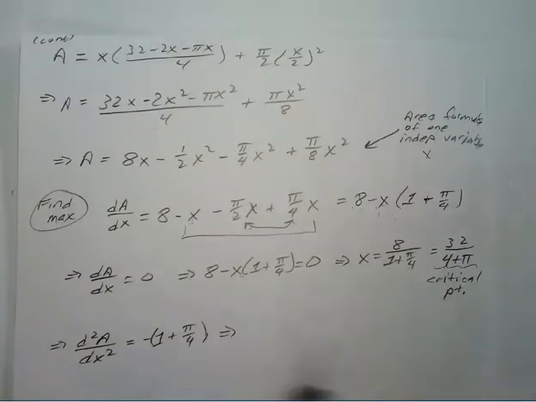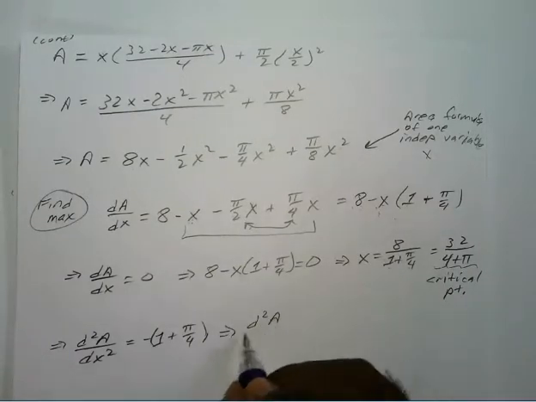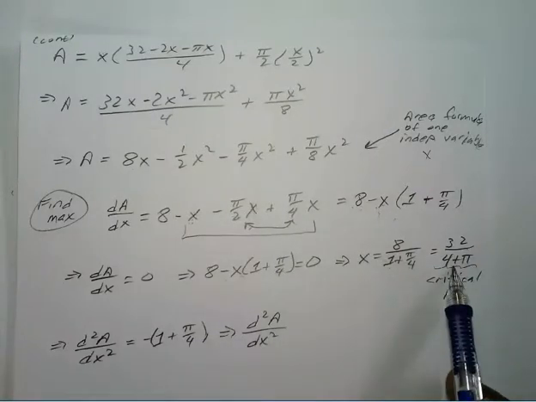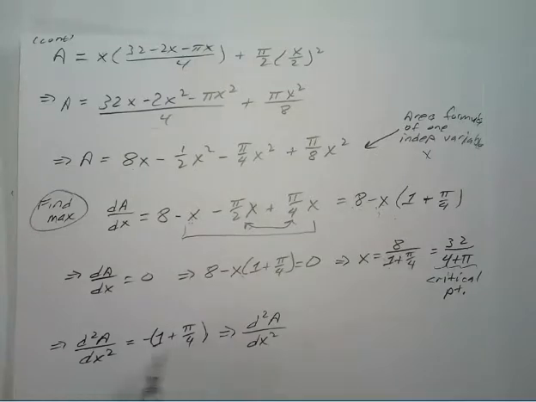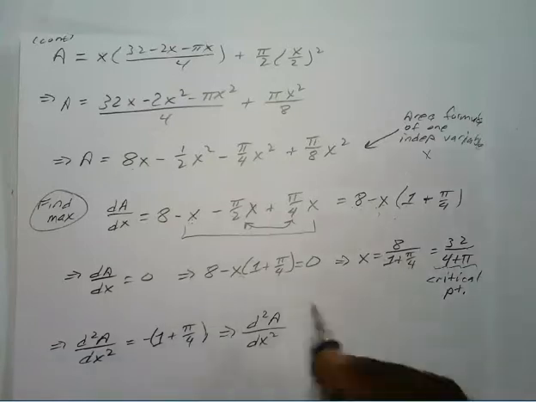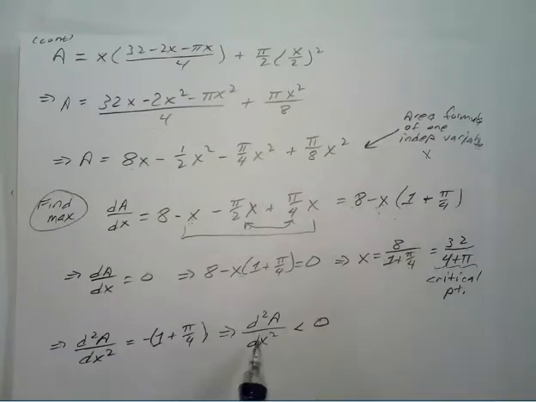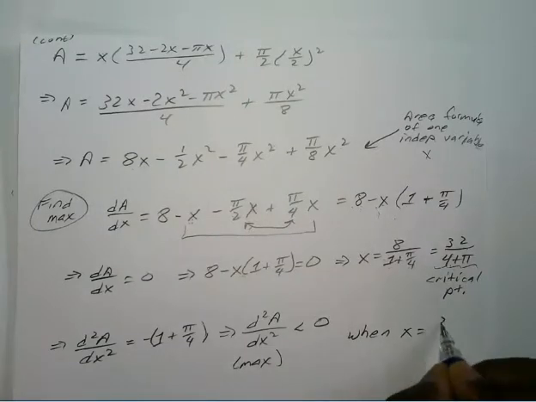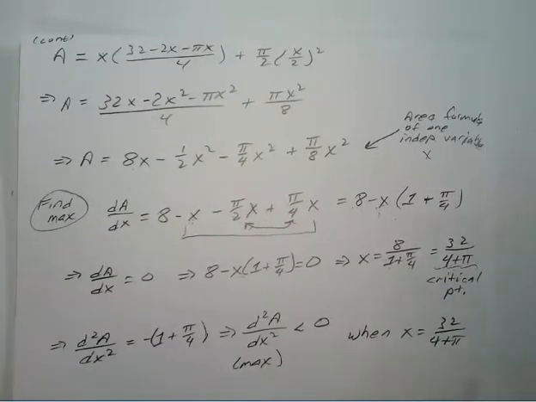Is that at our critical point, which is x is equal to 32 over 4 plus pi, there's no x to plug in. So at this point, this is a negative number. So that means if you even plug that in, which there's no x to replace that with, it's still going to be less than 0. So we know that that point gives us our maximum when x is equal to 32 over 4 plus pi.